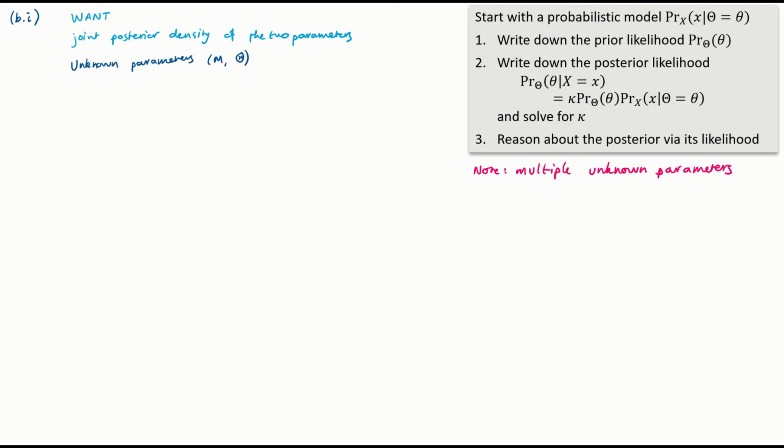It's really a capital mu comma capital theta. It's slightly confusing that the textbook uses theta to refer to all unknowns, whereas here theta is just one of the two unknowns. This is something you always have to watch out for. Make sure that you're translating the lecture note general results into the particular problem with care.